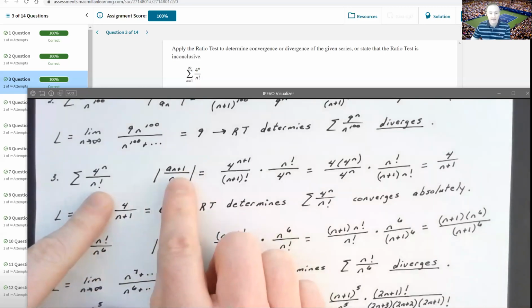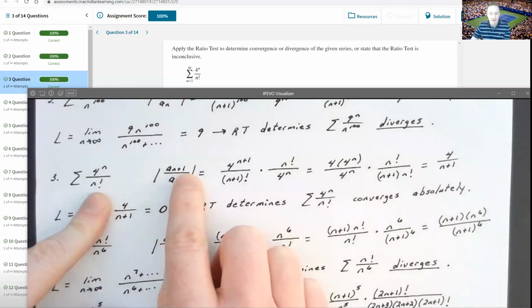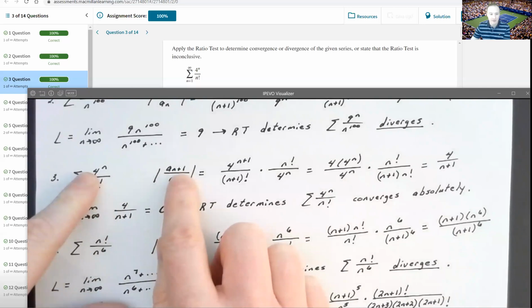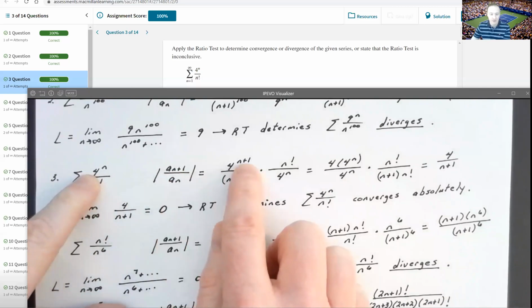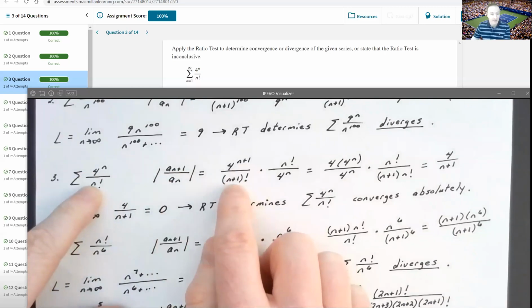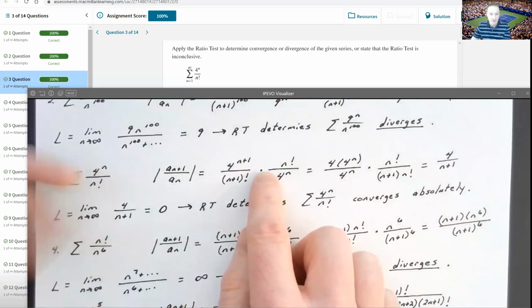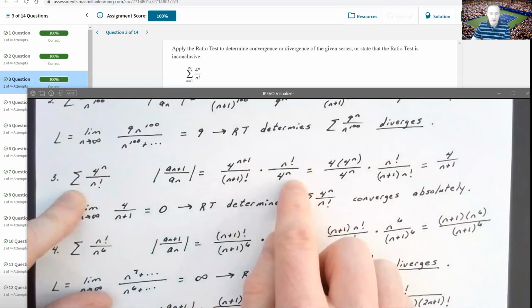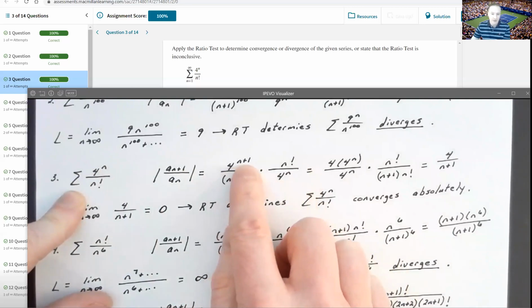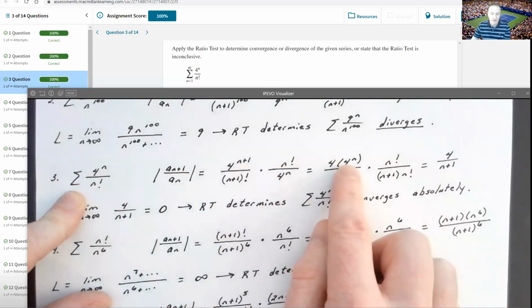I went in and said the absolute value of a sub n plus 1 over a sub n. A sub n plus 1 is going to be 4 to the n plus 1 power divided by n plus 1 factorial. You multiply that by the reciprocal of a sub n, n factorial over 4 to the n. Now I know that 4 to the n plus 1 means 4 times 4 to the n.